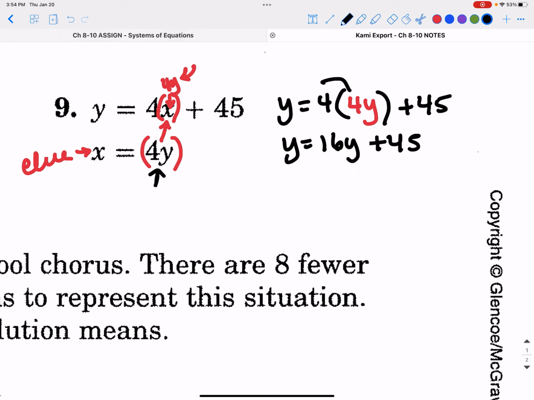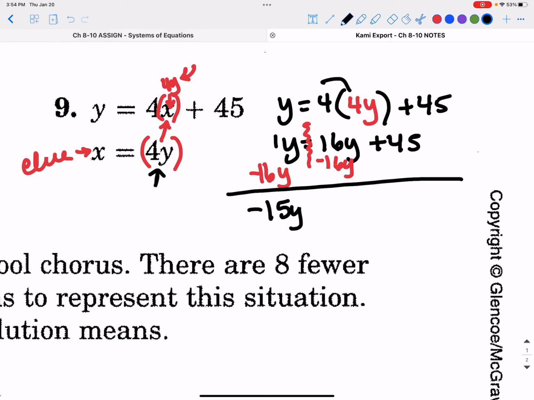Now you got to think about it, right? This is your wall, and I want to get all my y's together on the left. So I need to get those 16y's over there. So I'm going to minus 16y and minus 16y. And when I do that, I have a positive y, that's a 1y, minus 16y gives me negative 15y, because 16 is negative, a 1 is positive.